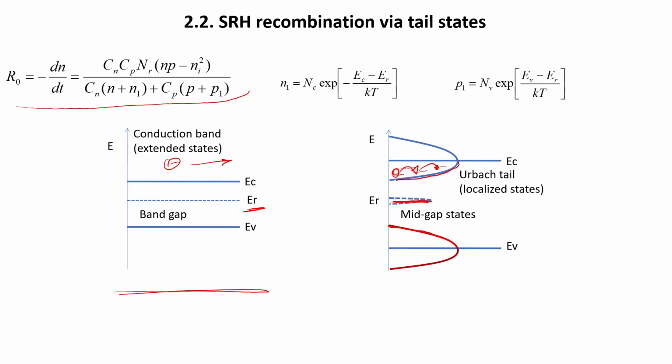They can trap charge carriers like an electron from the conduction band, and then trap a hole from the valence band, and participate in trap-assisted recombination. So we need to understand how to take into account the presence of these tails of localized states in the band gap in order to calculate trap-assisted recombination.